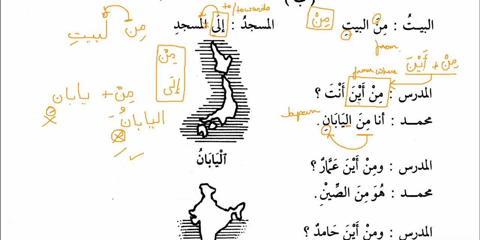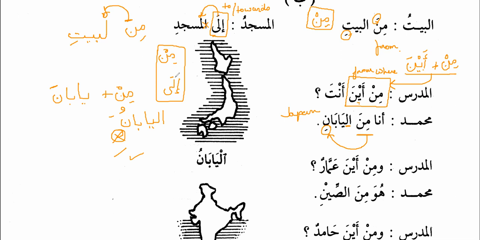So when harf jar is there and the country name is without al, it will take a fatha. The haraka will never be kasra. Min yabana. So this is the rule for all the country names except few.